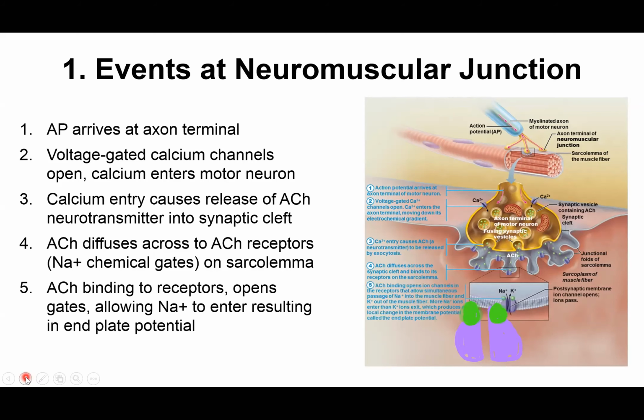And then when acetylcholine has bound to its receptor, this is going to cause the receptor to change its shape and open up the gates. And the opening of the gates is going to cause sodium molecules to rush into the muscle fiber, and potassium molecules will be rushing out of the muscle fiber.